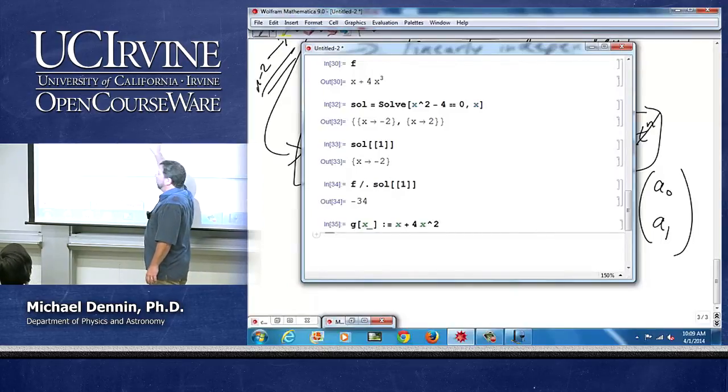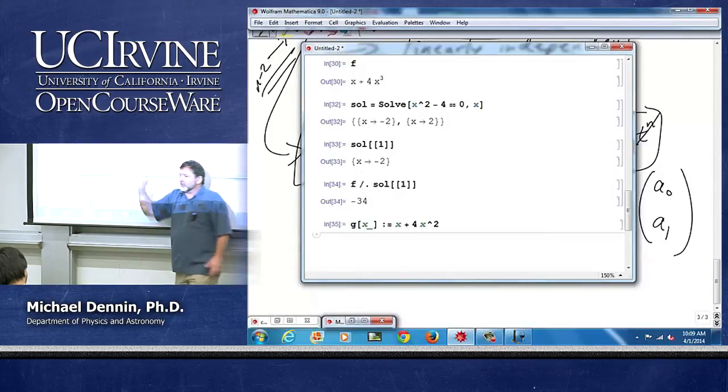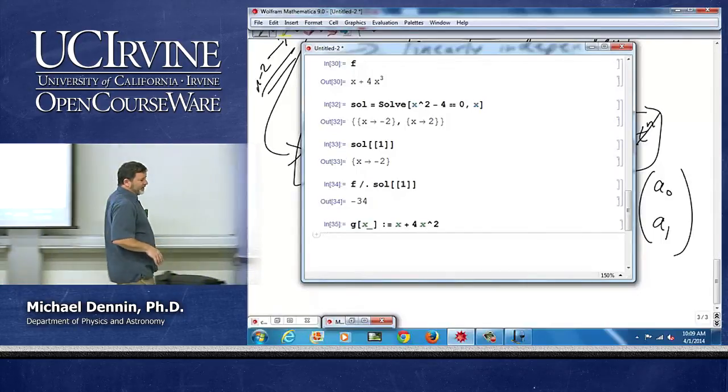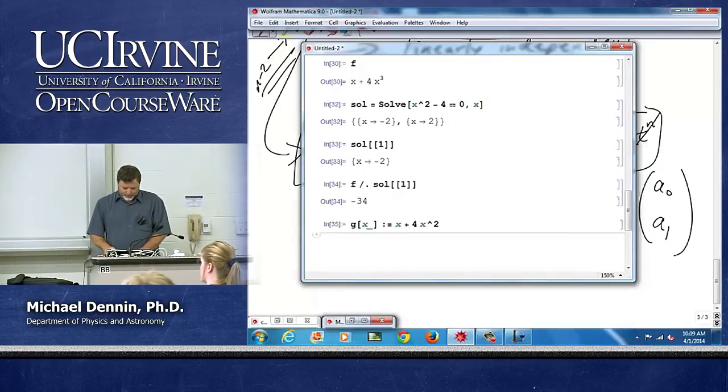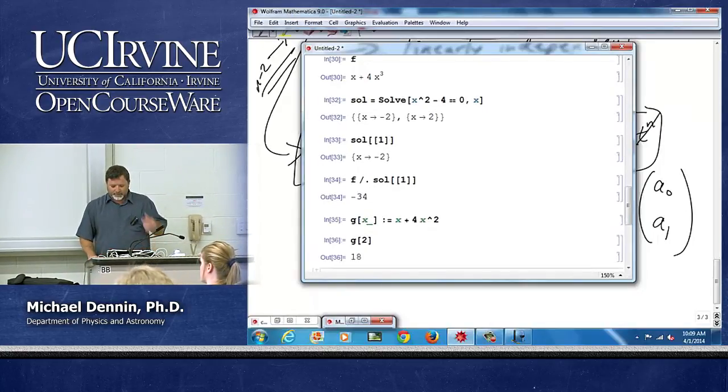So this won't let x be anything; I can use x later as a variable. And colon equals is telling it to assign this as a function. So this is the other piece of syntax you need to know. And now I can use g of x just like I would any other function. I can write g of 2, and it will evaluate.